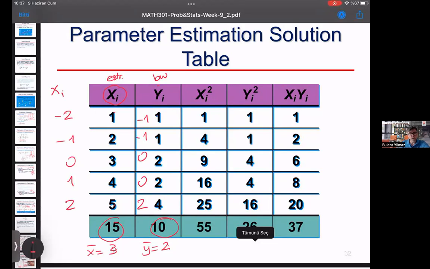So using this, you can find out xi minus x bar. Then we're going to take the square for variance, and use the same thing for my covariance. So this is yi minus y bar. Okay, these values. And then we're going to find out the covariance and variance values.